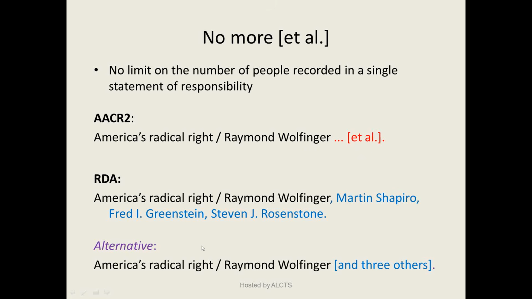With RDA, there is no limit, so you can give all of the authors in the statement of responsibility. Or there is an alternative to give the first and summarize the omission, which could be quite helpful if you happen to have, for example, 20 authors.